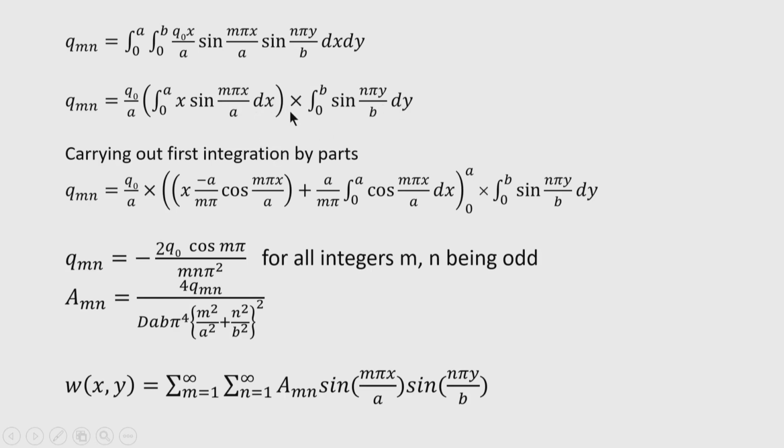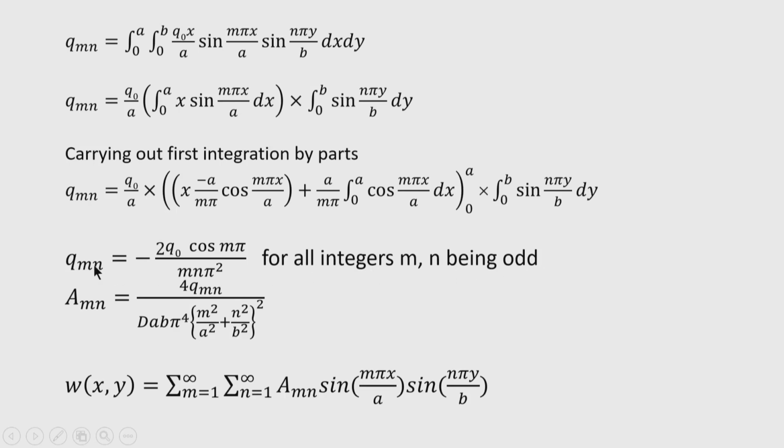When the two integrations are carried out, the first integral is this, and after putting the limits you will get qmn is minus 2 q naught cos m pi divided by m n pi square for all integers m, n being odd.